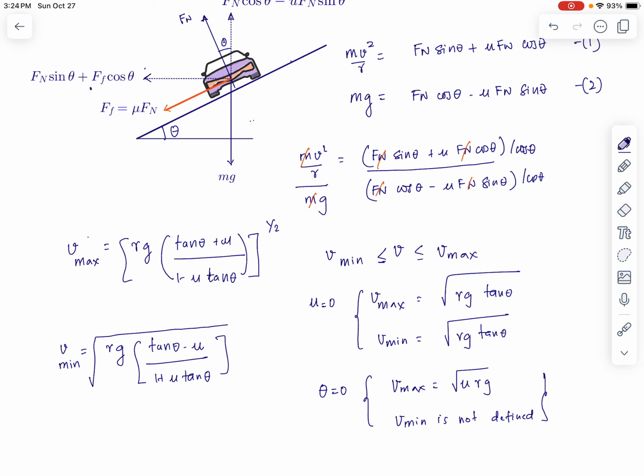Okay, so that illustrates to us the power of this analysis, right? And it also shows us what happens when the friction in the track is very less.